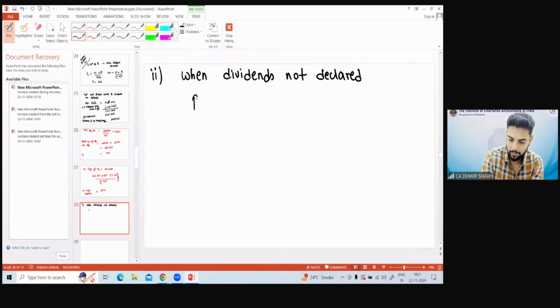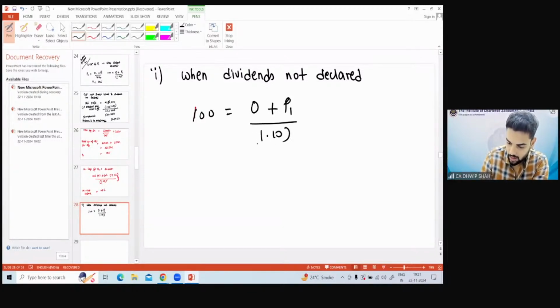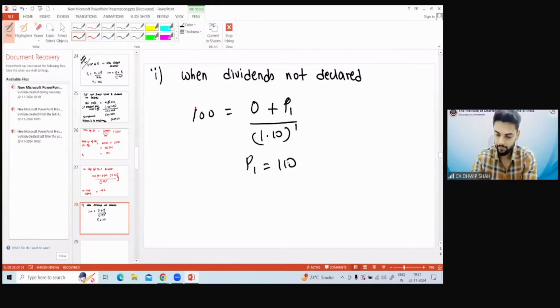So again, let's directly calculate P1. 100 is my P0, since dividend is 0. Can I say P1 comes to 110 in this case? Yes, correct.